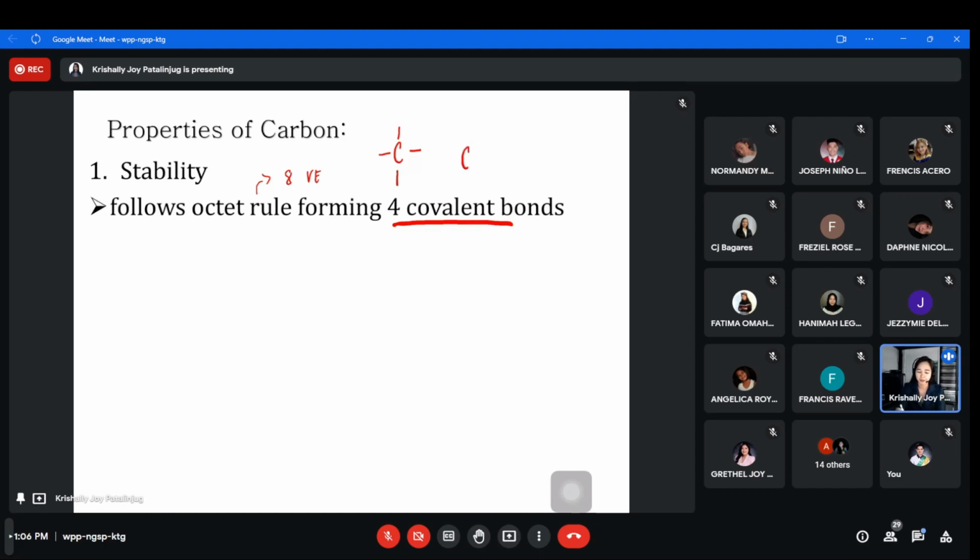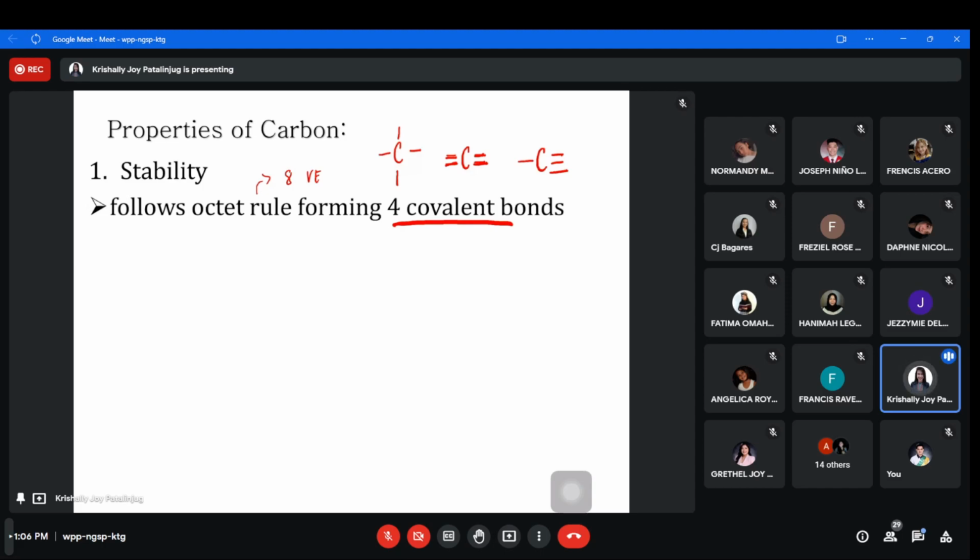The carbon atom may also be surrounded by 2 double bonds, which is also equivalent to 4 covalent bonds. Just count the bond lines. The carbon atom may also carry 1 triple bond and a single bond.